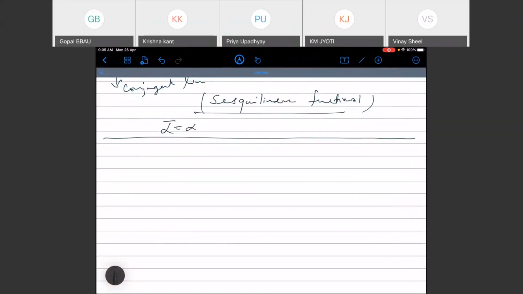Okay, let me recall sesquilinear functional for you. So you all have seen the definition. So let me recall it again.